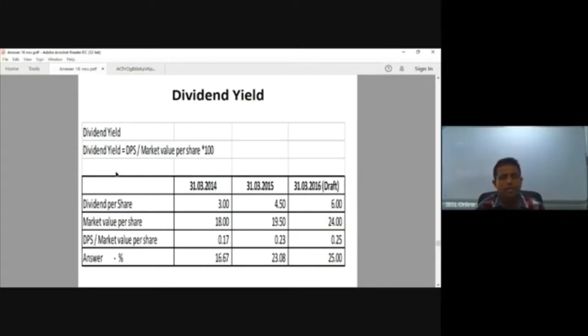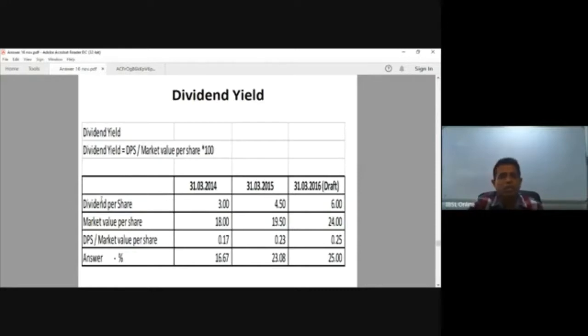Then divide the dividend per share by market value per share into 100. These ratios are very easy to calculate if you know how. Only 16%, 23%, and 25%. The higher the amount, the better it is.